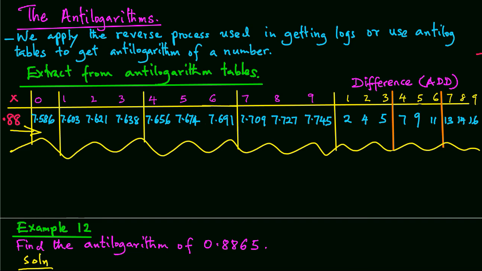An alternative method is by use of antilogarithm tables. So the following is an extract of a section of an antilogarithm table, and we want to use it to find antilogarithms of some numbers.